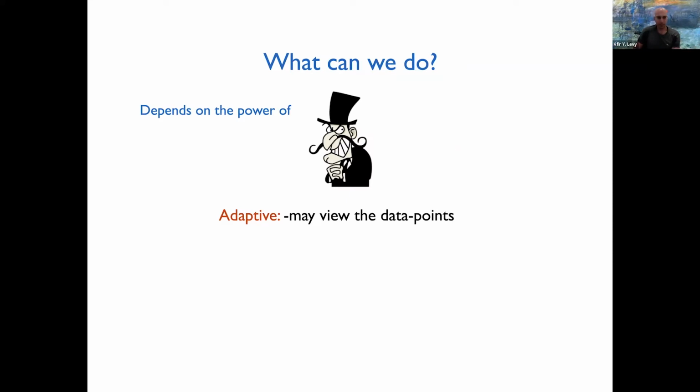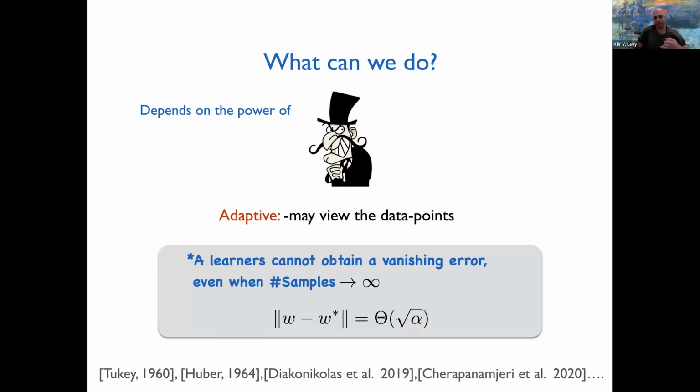And it is known that a learner competing against this kind of adversary cannot ensure an error that vanishes as the number of samples increases. So even if this learner has access to infinitely many samples, the best thing that he can ensure is to find a solution W that is close to the optimal solution W star up to a constant factor of square root of alpha. Where alpha, again, is the fraction of points that are contaminated.